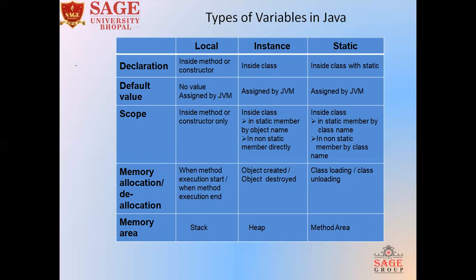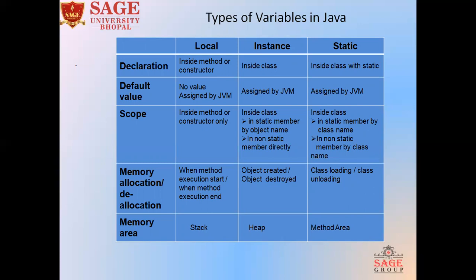But in a non-static member, we can access them directly. A static variable inside the class can be accessed anywhere, either in static or in non-static. The method of accessing the static variable is the same: we have to access the static variable by the name of the class.